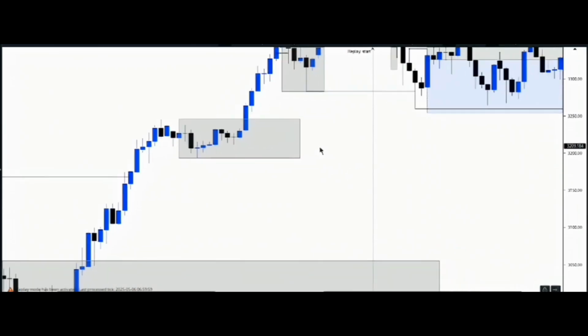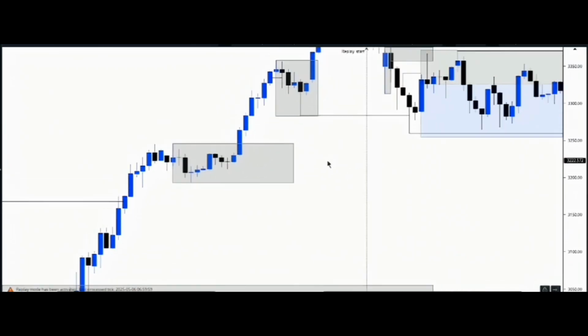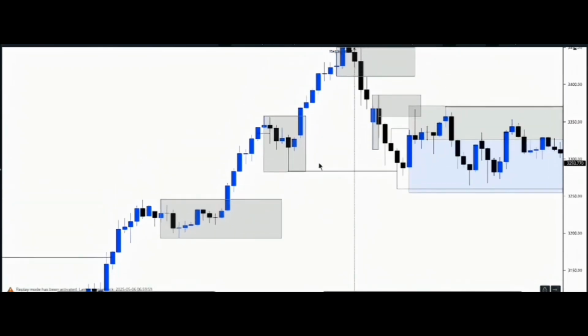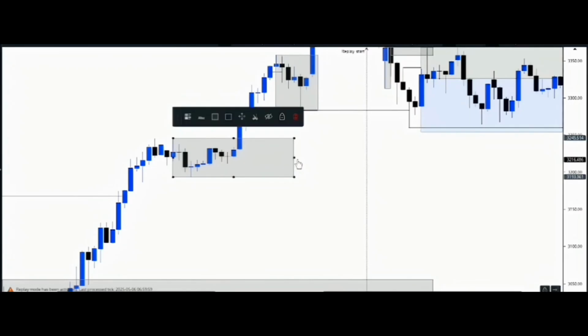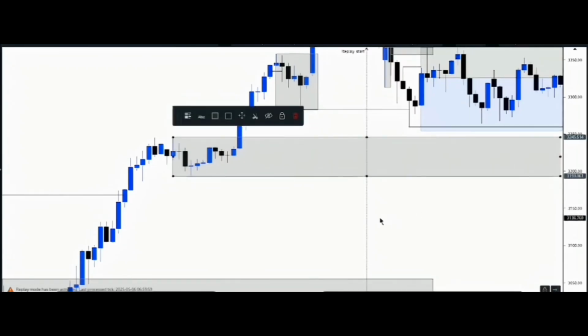So these are the two areas of interest, because this one is our inducement. So we cannot mark this as a zone, an entry zone, because it's before this inducement. Okay? So this is our decisional area of interest, and our extreme area of interest is right here.